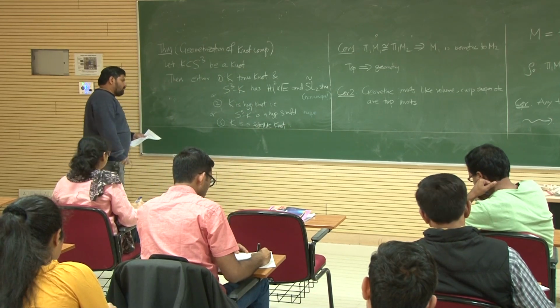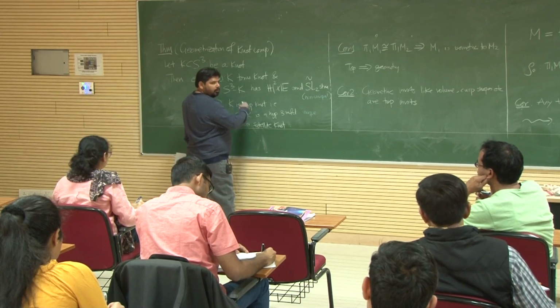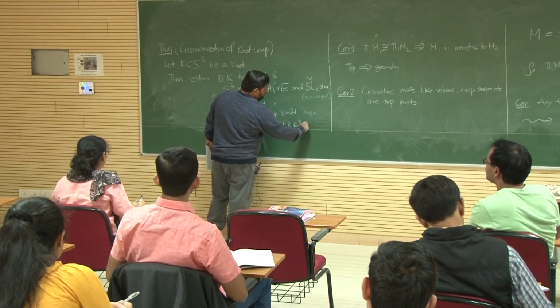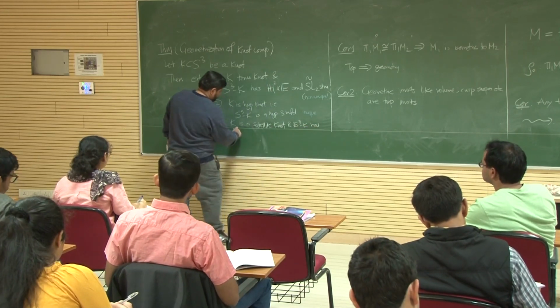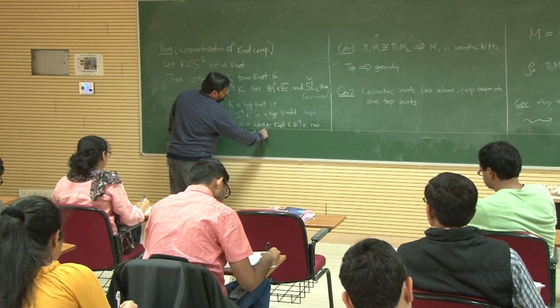And the satellite knot will have a non-trivial JSJ decomposition into pieces of type 1 or 2, and S3 minus K has a non-trivial JSJ decomposition.